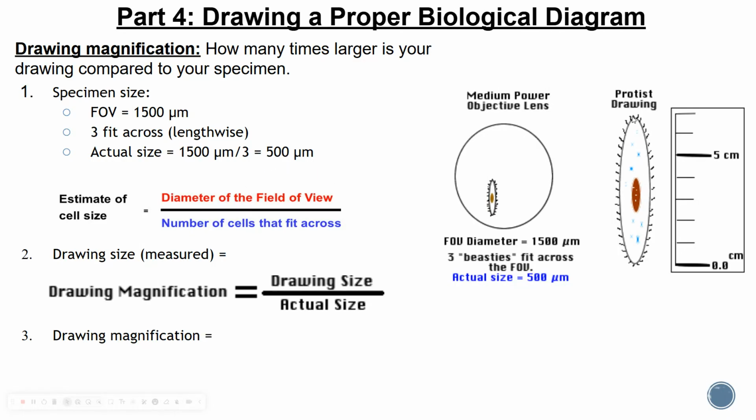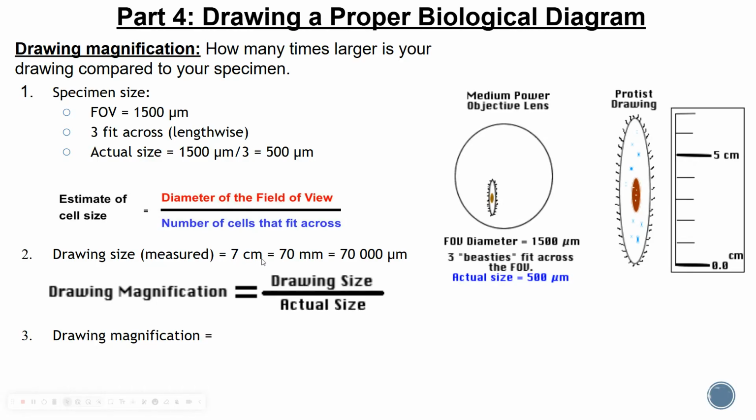Then I'm going to measure the drawing size. The drawing is about, so here we have 1, 2, 3, 4, 5 centimeters, 6, 7 centimeters long. Now, my unit for the specimen was micrometers. So when I do my magnification calculation, drawing divided by actual size, the units have to match.